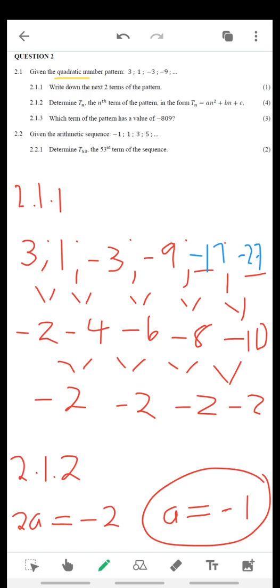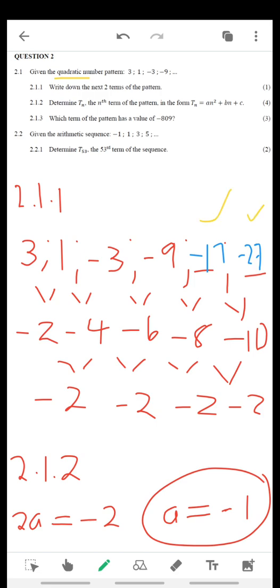We find the first difference: minus 2, minus 4, minus 6, minus 8, minus 10. Not constant. We find the second difference: minus 2, minus 2, minus 2, minus 2. Now it's constant. Write down the next two terms of the pattern, meaning the terms that follow after minus 9. Using our first and second differences, we found that the next two terms were minus 17 and minus 27. Well done.